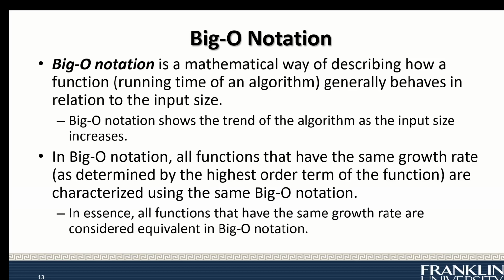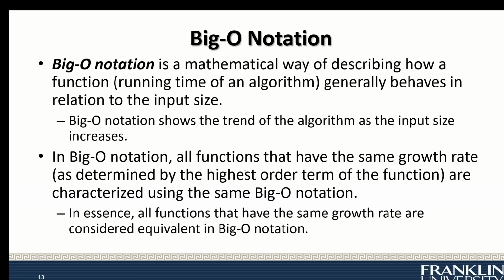Big O notation is a mathematical way of describing how a function, the running time of an algorithm, generally behaves in relation to the input size. So basically, the Big O notation shows the trend.